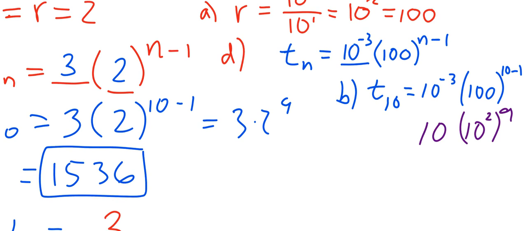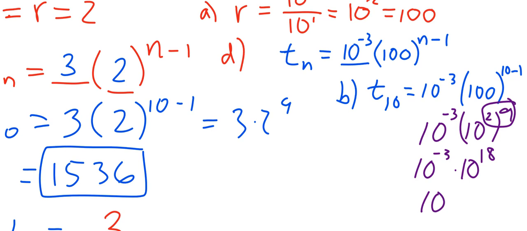What is 10 squared to the 9th? What are you allowed to do with the 2 and the 9? The power of a power property. Multiply them, thank you. So that would be 10 to the negative 3rd times 10 to the 18th. When you are multiplying like bases, what are you allowed to do with those exponents? Add them together, right? Negative 3 plus 18 is 15.